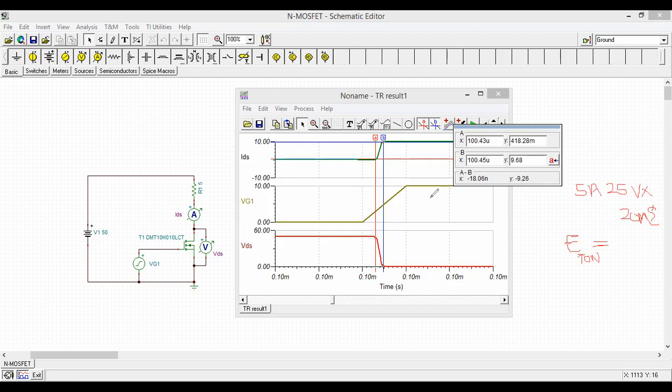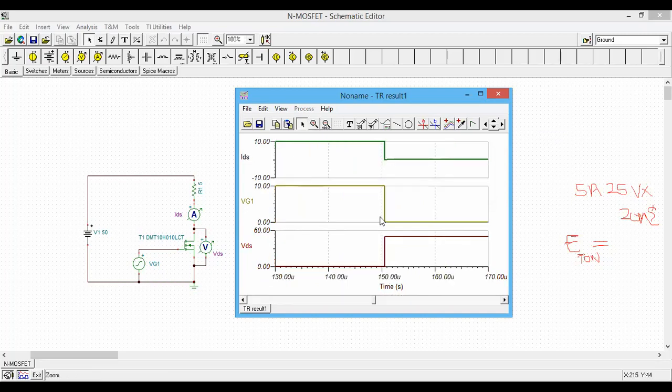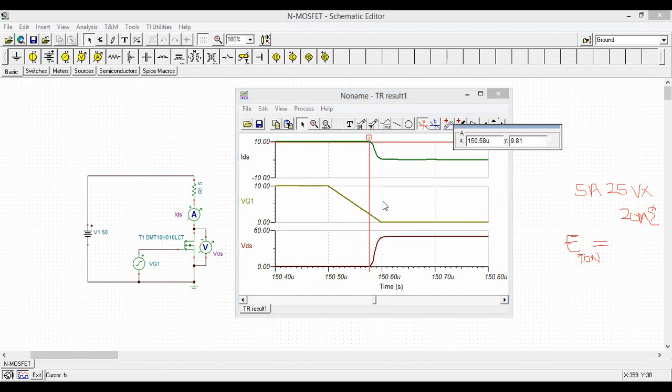So the same thing should be applied to find the power loss during the turn off period. So you have to zoom this out, and you can see here when it is turning off, there's an overlap. The current does not suddenly drop to 0, it takes some time, right?